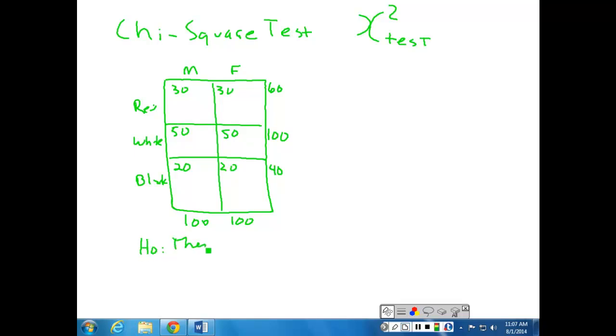There is no relationship between gender and car color. So that's my hypothesis. No difference. It's just sort of like everything else. When you say mu A equals mu B, you're saying there's no difference. So here we're saying there's no difference or no relationship between these two categorical variables.